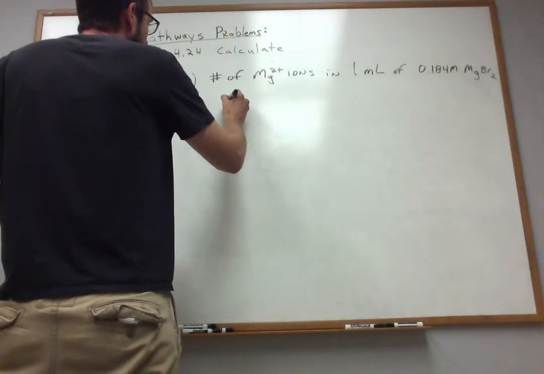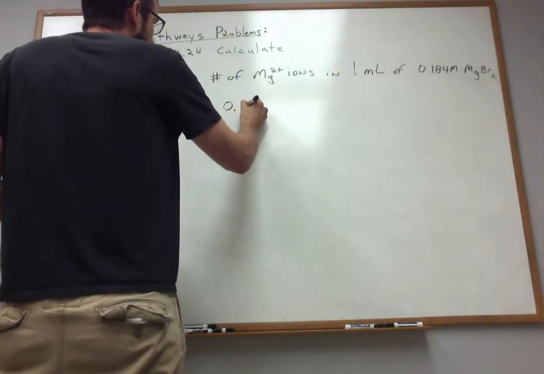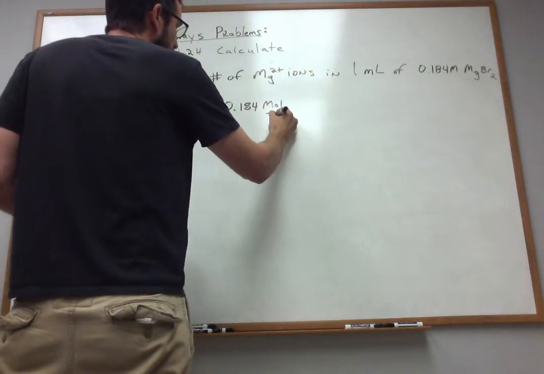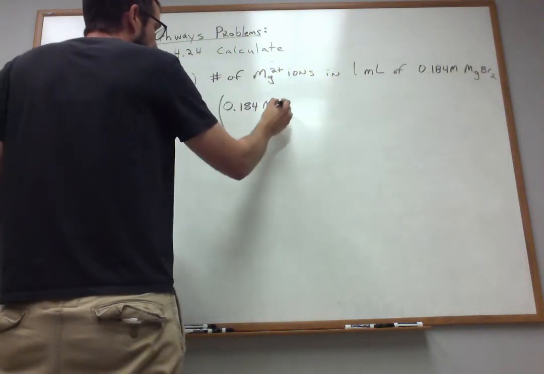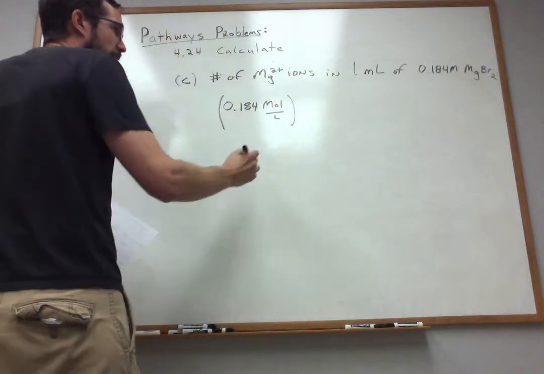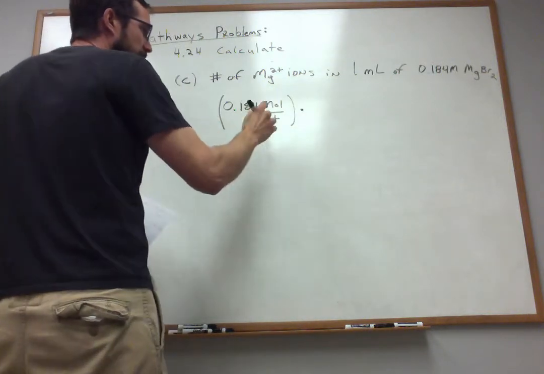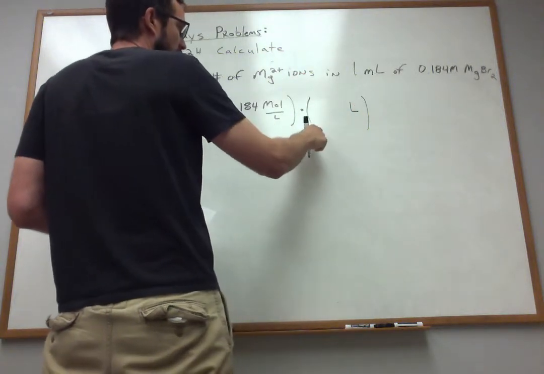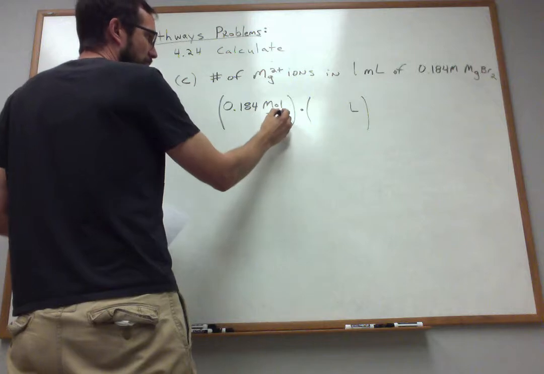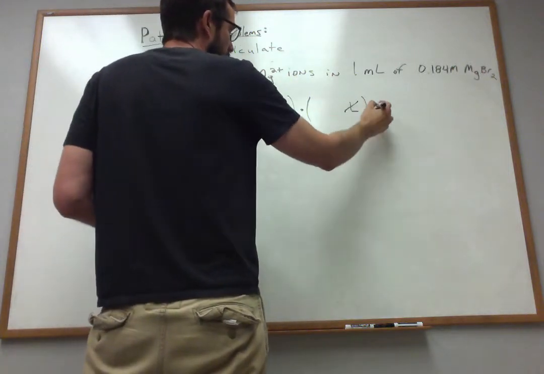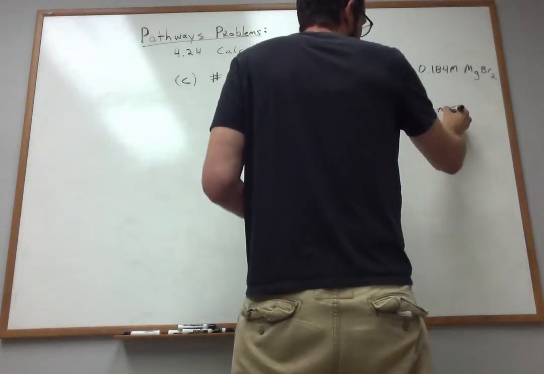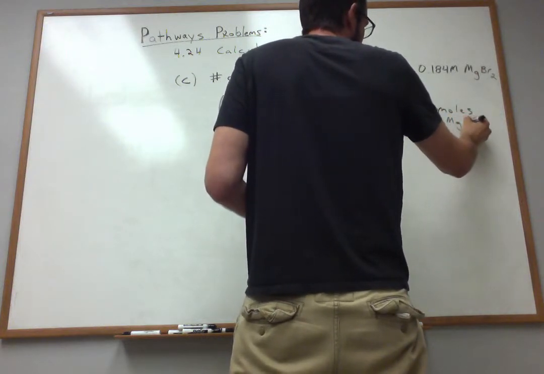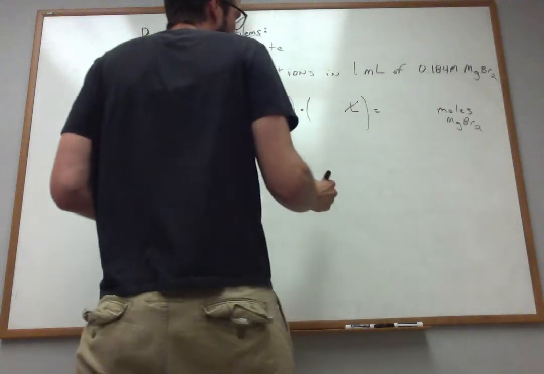Now, the information that we're given is 0.184 mole per liter. That's our molarity. And again, I've been harping on this, but if we multiply times the volume in liters, the liter units cancel, and I'm just left with moles. Here that's going to be moles of MgBr2.